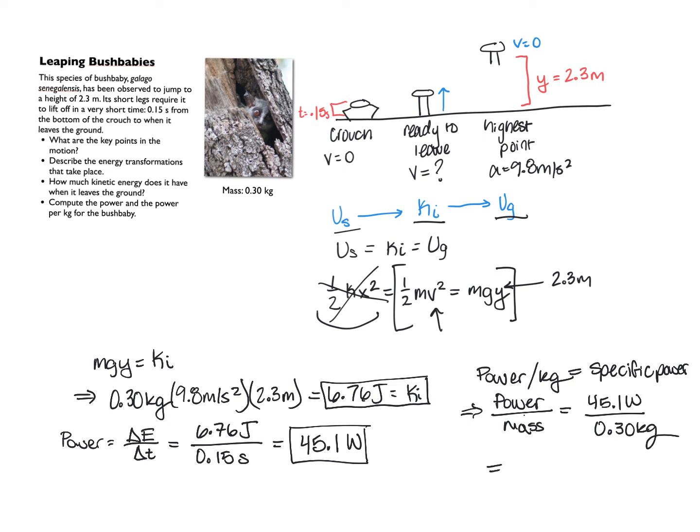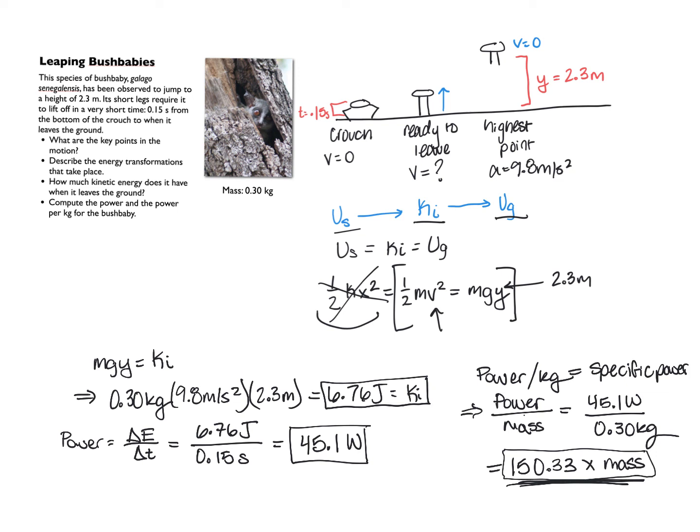Actually, I did not do this calculation before I started. 45.1 divided by 0.3 is about 150.33 times the mass. That's how big our specific power is. So our power is 150 times the mass, which is really incredible.